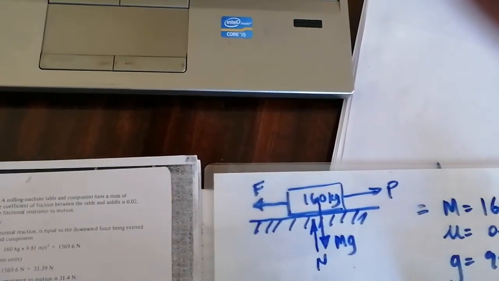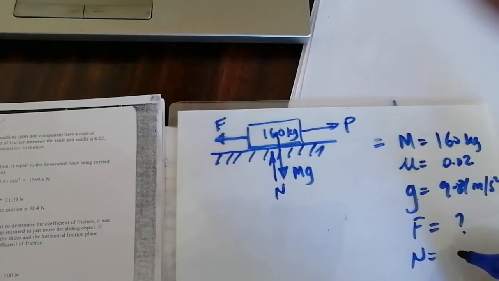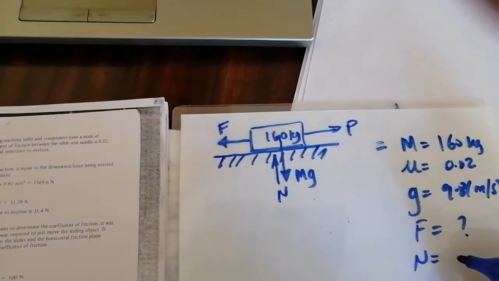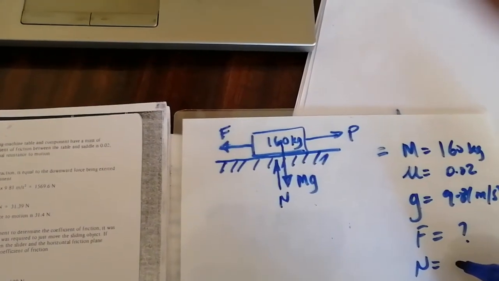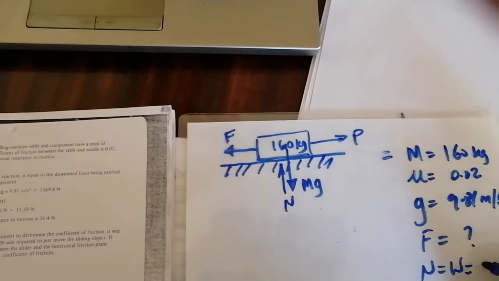And in this case, what is our N? Our N will be the weight, which will be equal to mg.